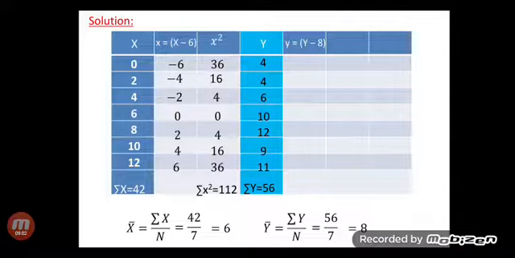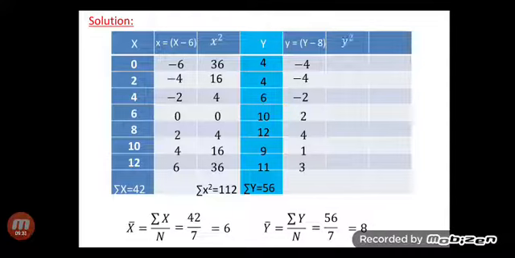Now we calculate the deviations of y from its mean value y bar, that is small y is equal to capital Y minus 8. So 4 minus 8 is equal to minus 4, again minus 4, 6 minus 8 is minus 2, 10 minus 8 is 2, 12 minus 8 is 4, 9 minus 8 is 1, 11 minus 8 is 3.